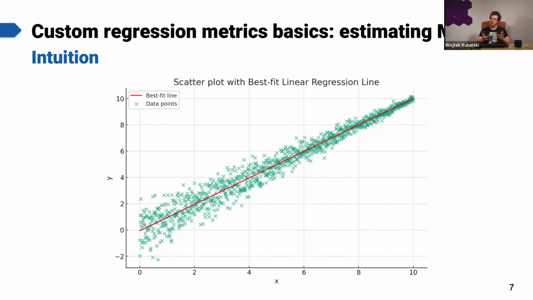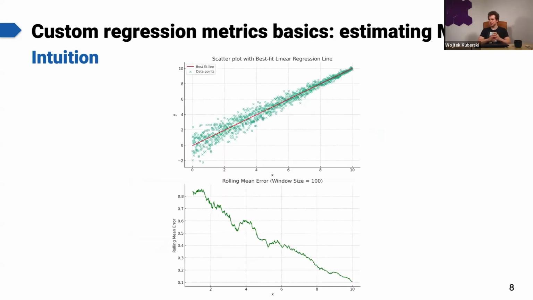But we can also see that if we are in the range between 0 and 2, let's say, then we see much higher level of noise compared to the region between 8 and 10. So just looking at this graph, we can already see that if we have a lot of data points in the region between 0 and 2, we would expect to see a higher squared error or absolute error. And we can actually leverage that intuition to try to estimate model performance for regression models.